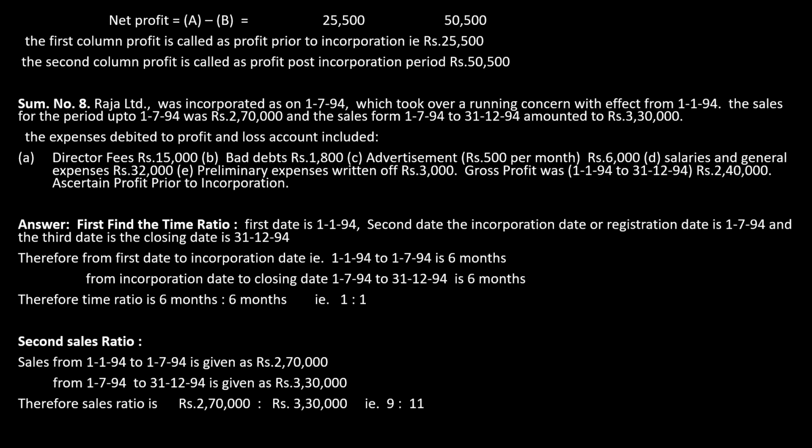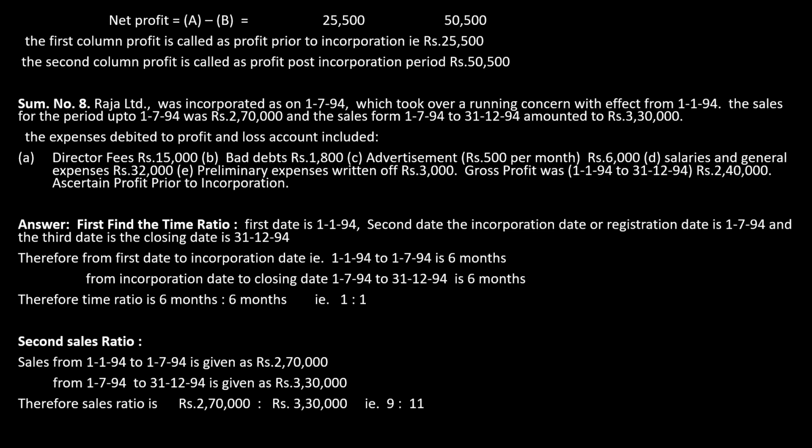That is what is given here: the director's fee, the bad debts, advertisement. Here the advertisement is given within bracket as per month. So when it is given per month, it is not in sales ratio, it should be in time ratio. Then salary, expenses, preliminary expense written off, gross profit, everything is there. So this is all about your sum.